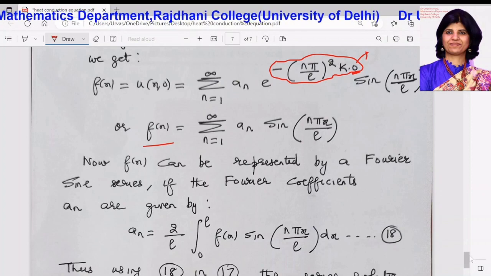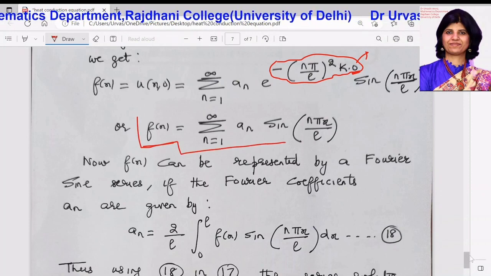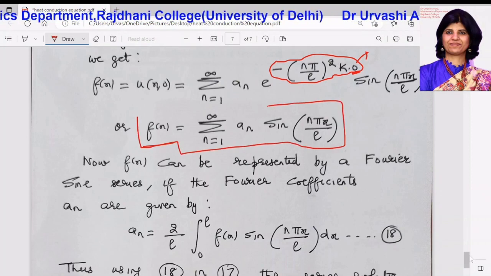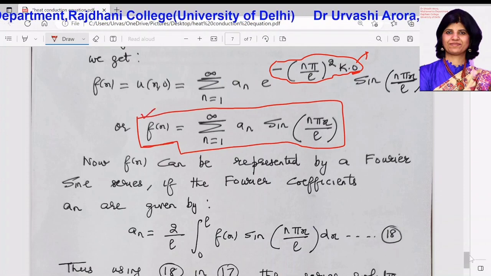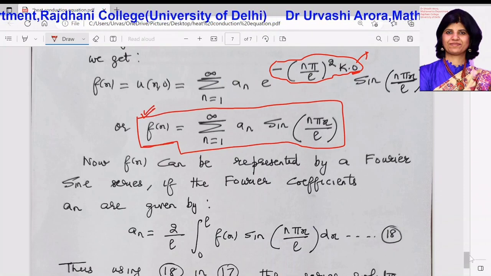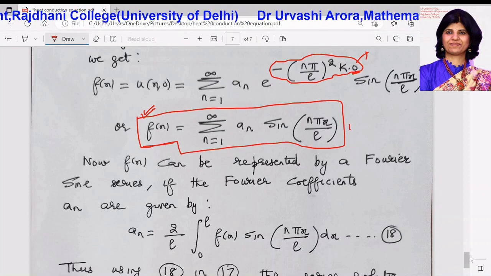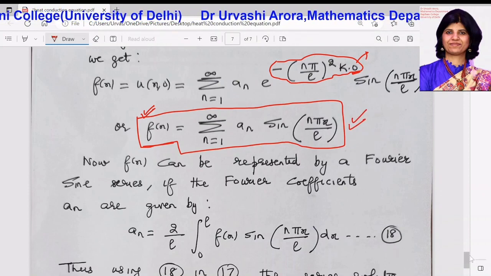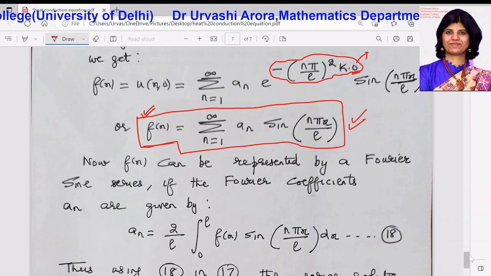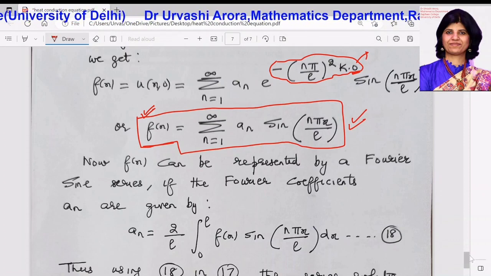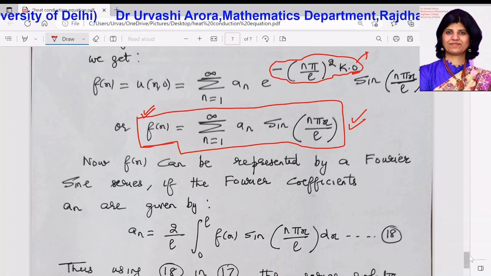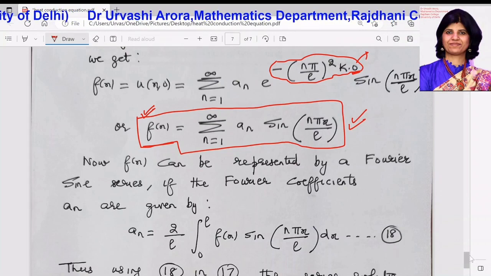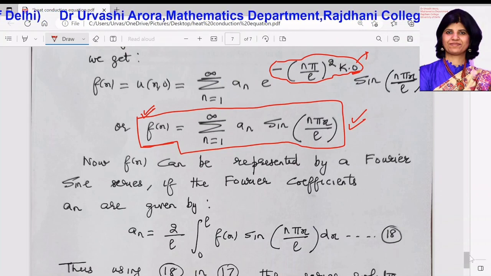Now this particular expression that we have obtained, this value of f(x), where f(x) is a predefined function, can be represented by a Fourier sine series. This series that you have obtained contains only sine terms, and this is in the form of a series called a Fourier series. If one wants to read more about Fourier series, one can always read a book on analysis and find out more.